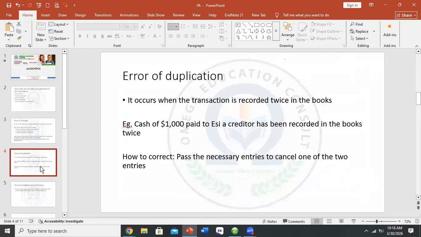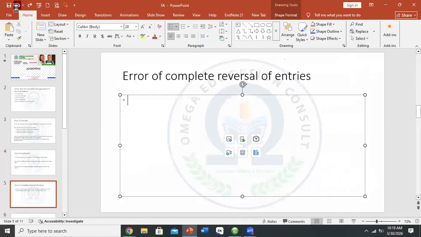So is it that after that you make the correct entry? I got confused at that part. Okay, let me see if I can get to that point again for you.